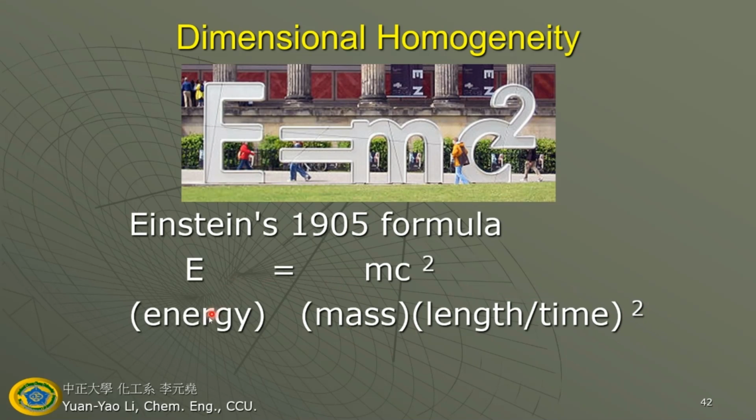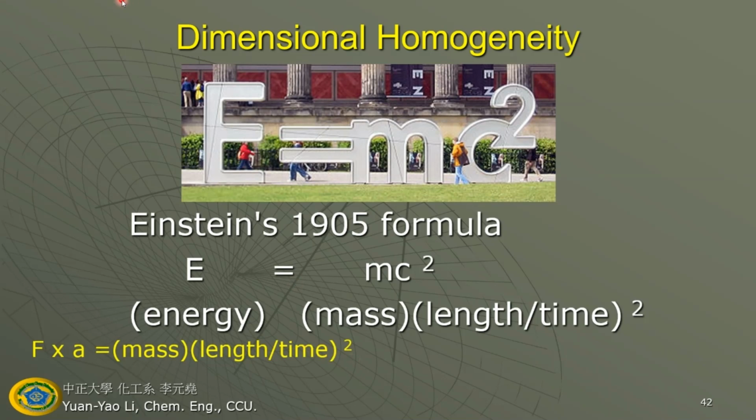And the dimension on the left is energy. So what is the dimension of energy? The dimension of energy is force times length, right? So you put the units of the force and the length together, and you will get something like this: mass times length squared divided by time squared.